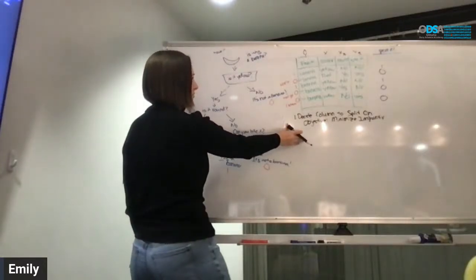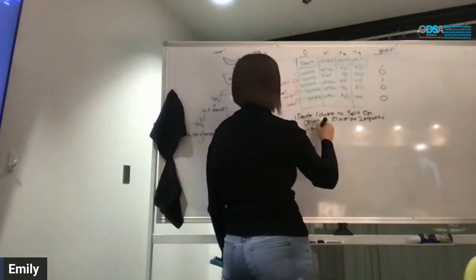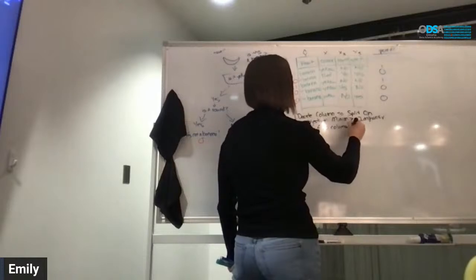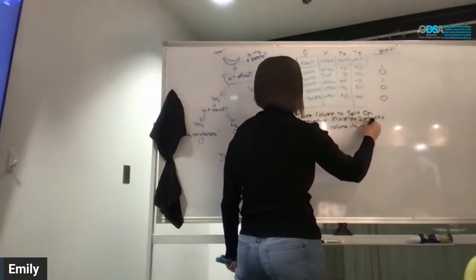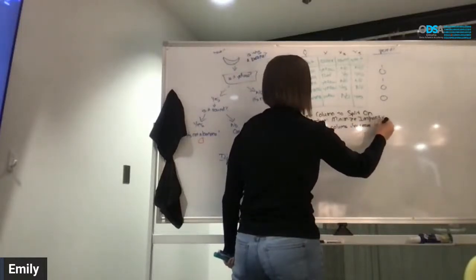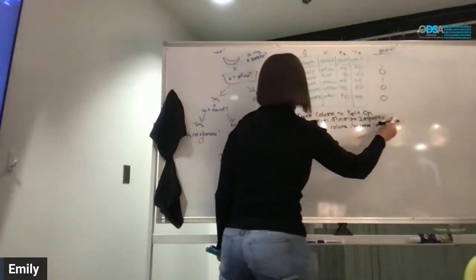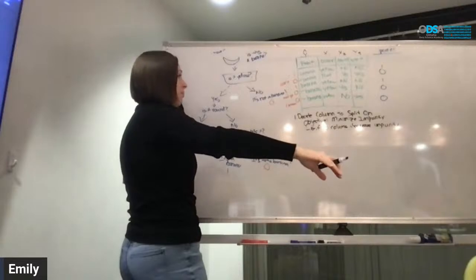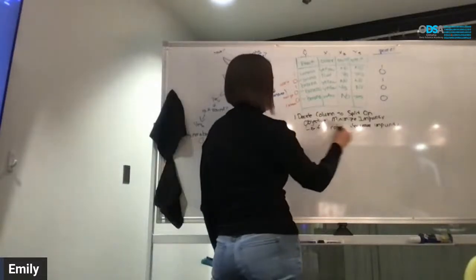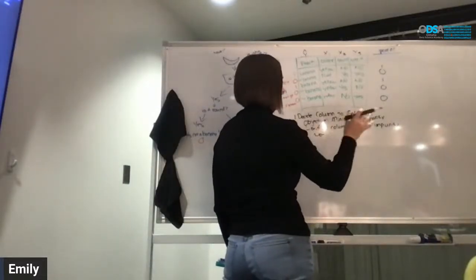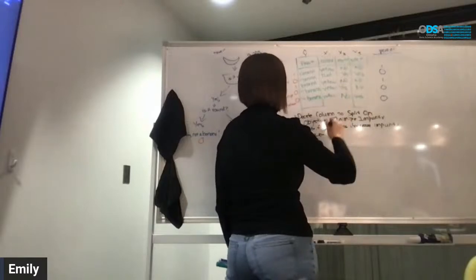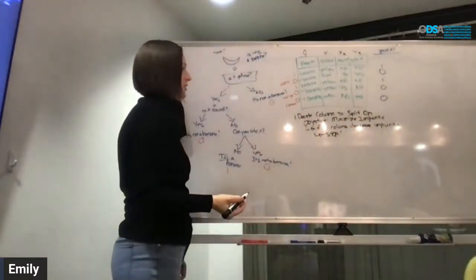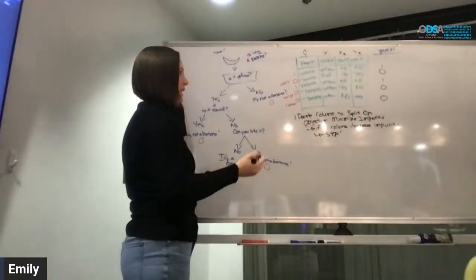And if no columns decrease impurity, so if we looked at all of these columns and they were either all exactly the same, or they didn't contribute to decreasing that impurity, we would stop. So that's how you know you are done.